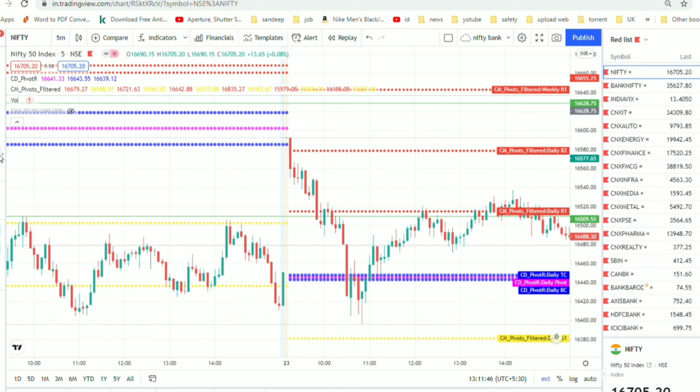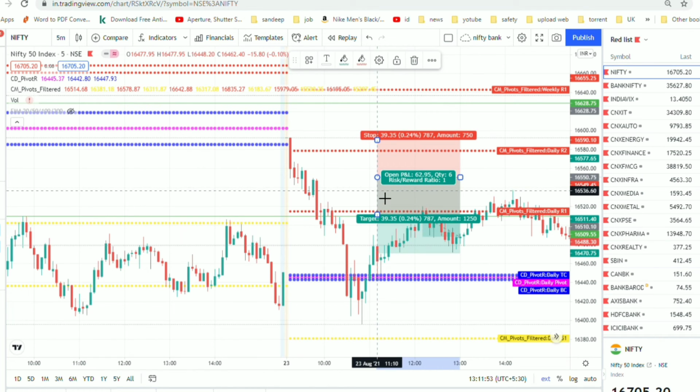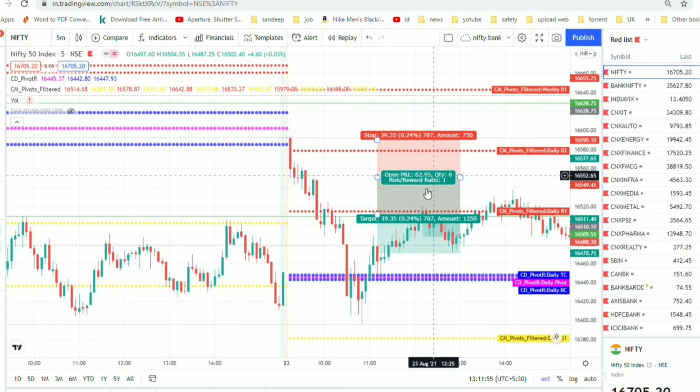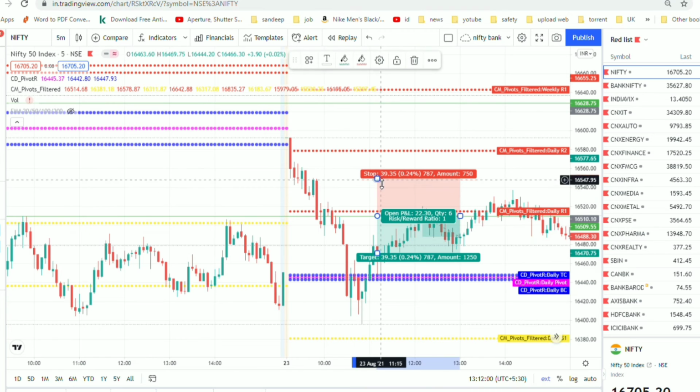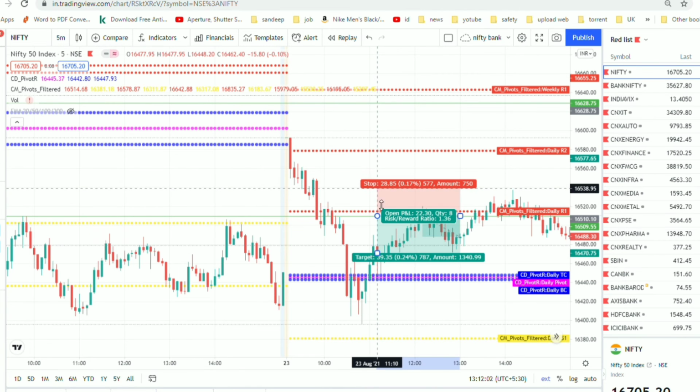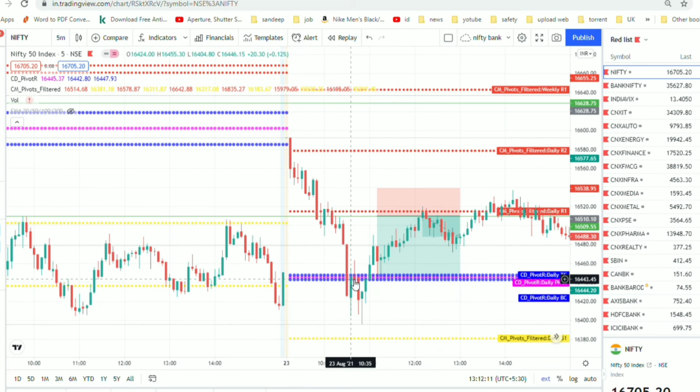Roughly, this was the half, and you can see almost 1 is to 2. I had set a limit: once it touched the CPR, the central pivot, I closed the deal.